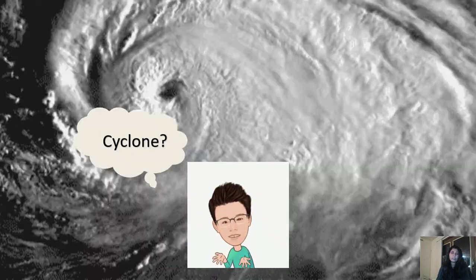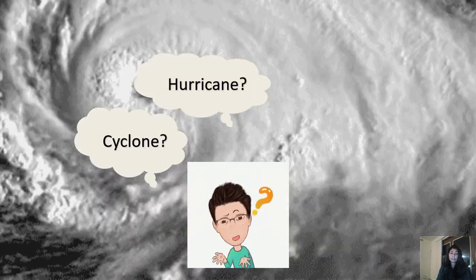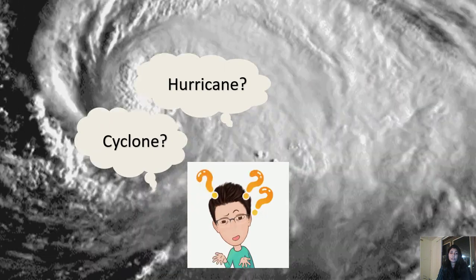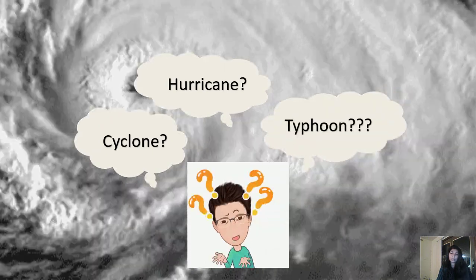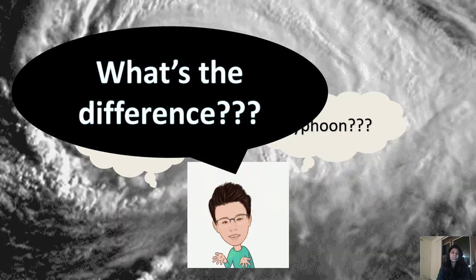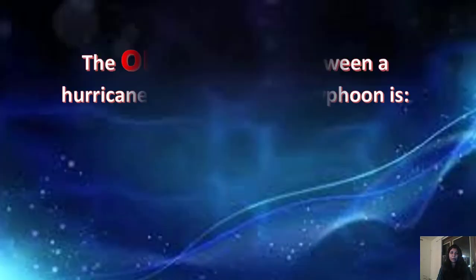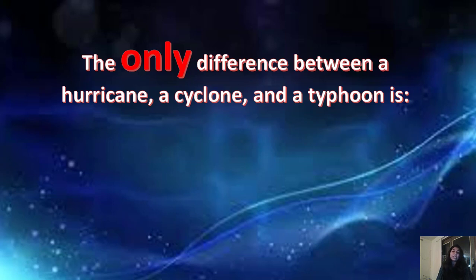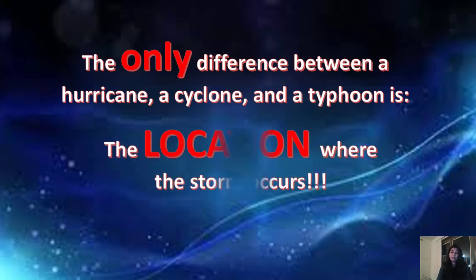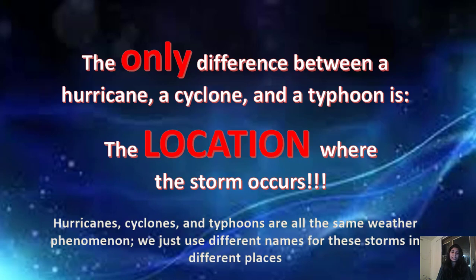You must be confused about certain terms which are frequently used, like cyclone, hurricane, typhoon. What's the difference between these three? Well, the only difference between a hurricane, a cyclone, and a typhoon is the location where the storm occurs. They are all the same weather phenomena.